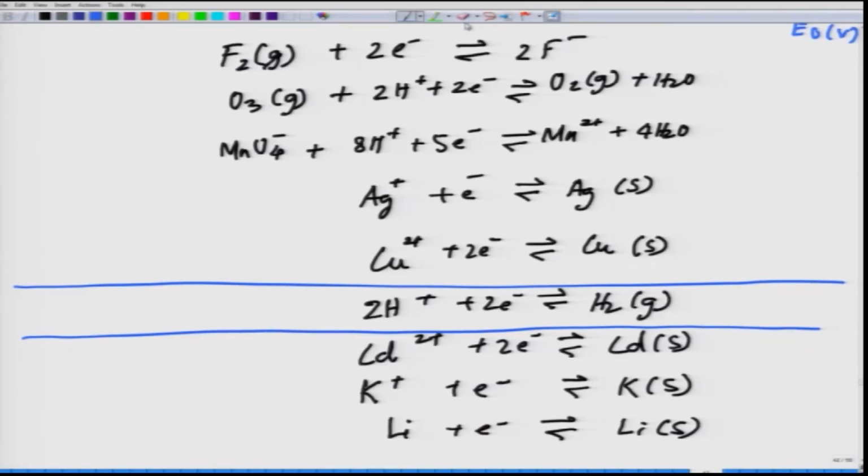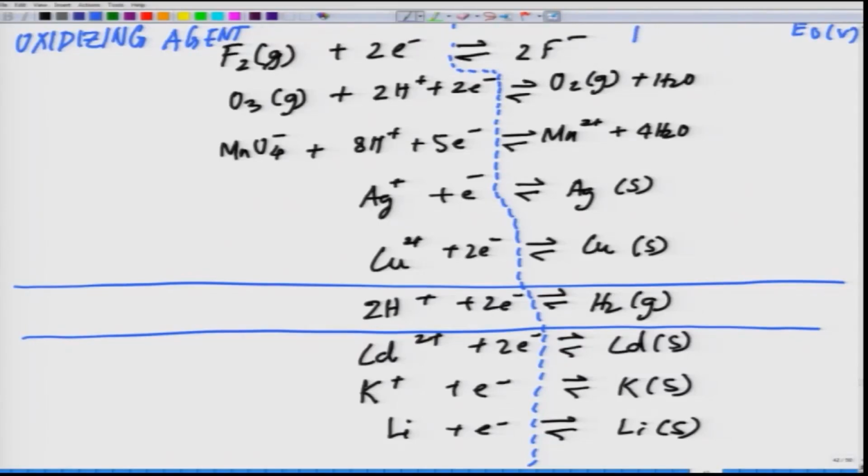On this side what you have are the oxidizing agents. So you remember oxidizing agents are the ones which get reduced in the process, and reducing agents get oxidized in the process. So, if you remember this value, this is 0. This is what we have assigned.